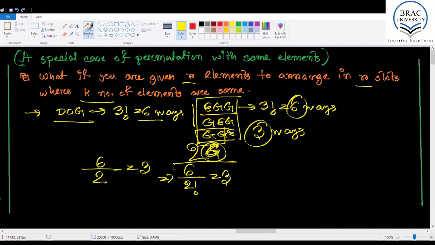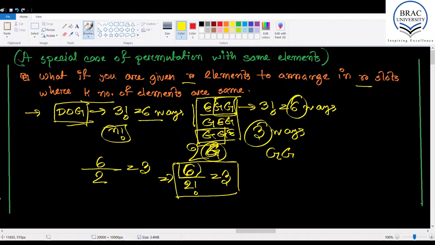So from this expression we can guess something. What is it? If all of the elements are different, then the total number of permutations will be n factorial, right? And if two of them are the same, then we have to divide the total number of permutations by the factorial of the number of same elements. So there were 2 same elements, we divided by 2 factorial.